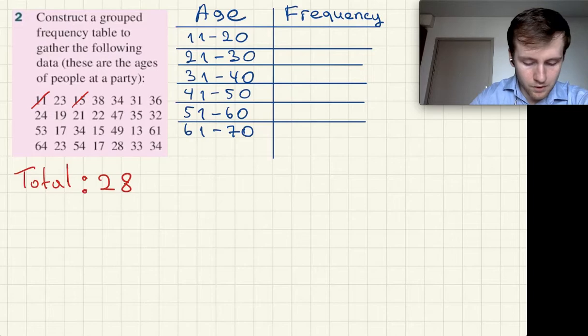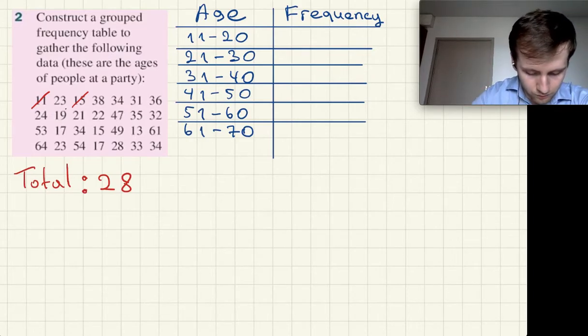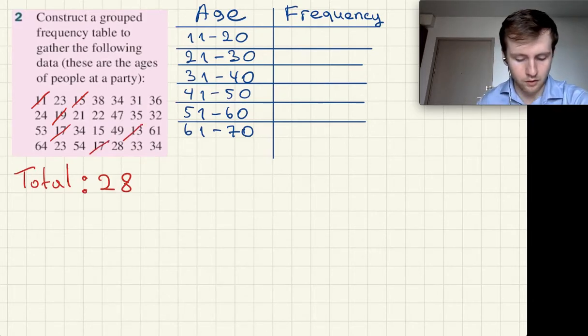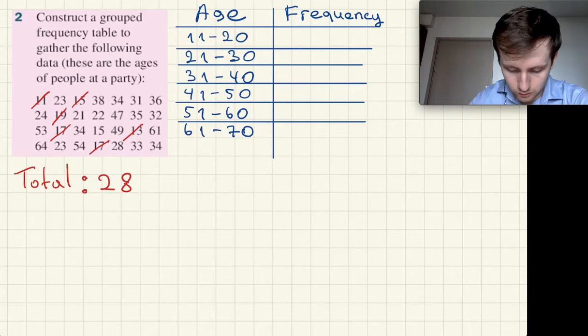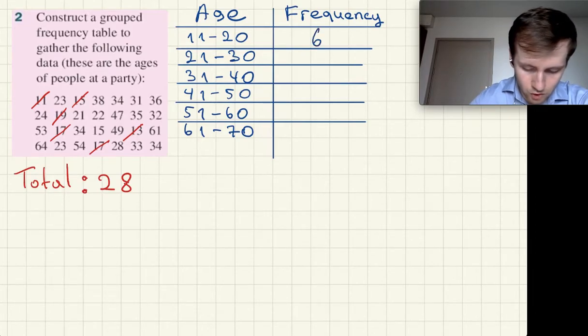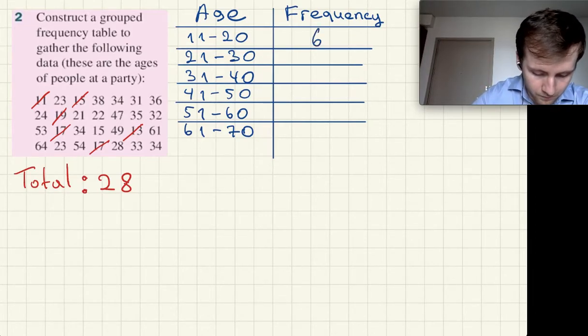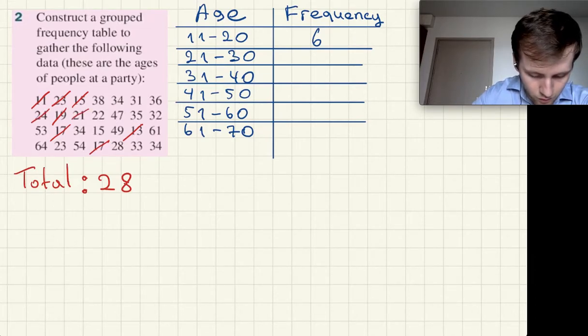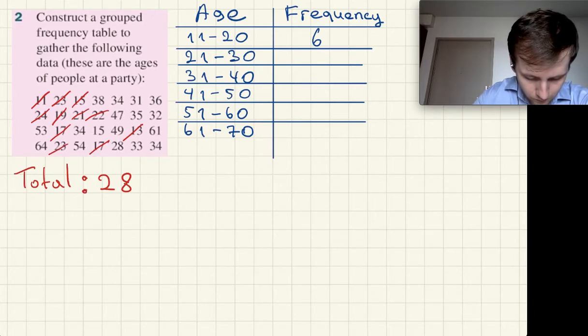So again, 11, 15, that's 2, 3, 4, 5, and then we get 6 of them in this group. So 6 people from 11 to 20 years old. Then 21 to 30. 1, 2, 3, 4, 5, also 6.